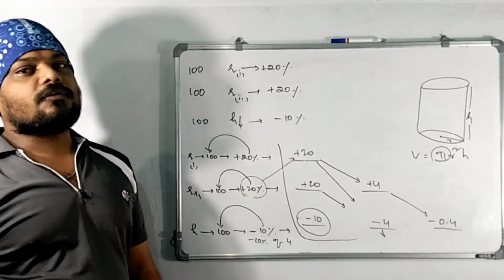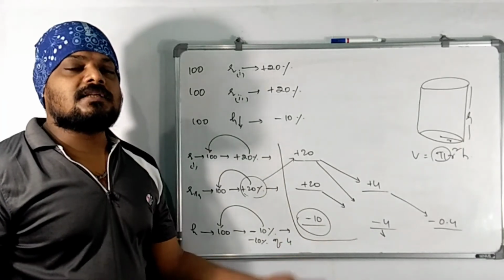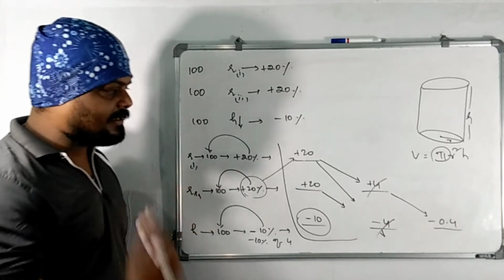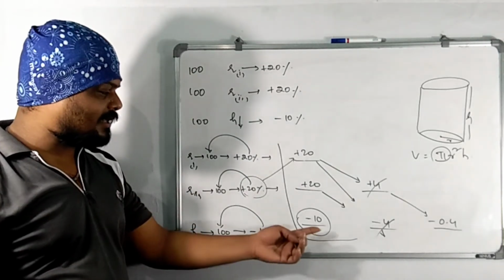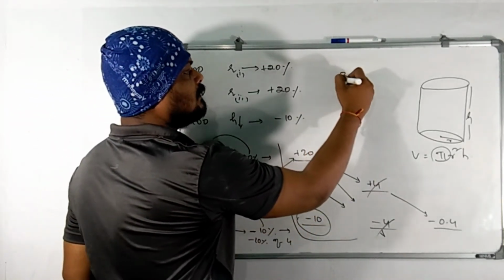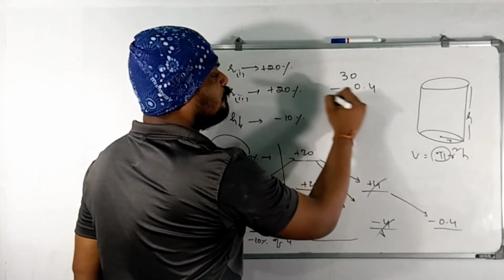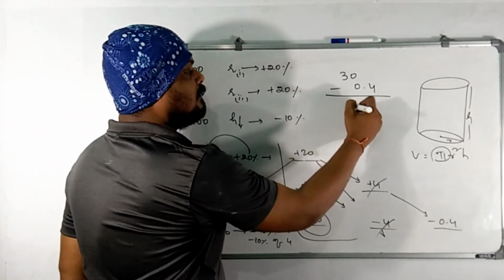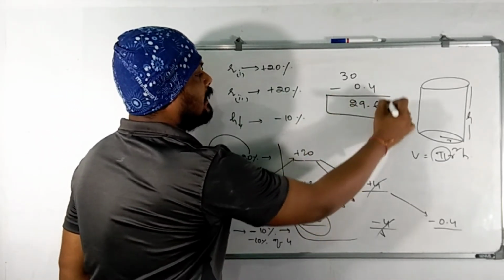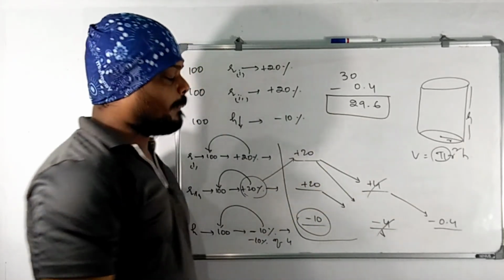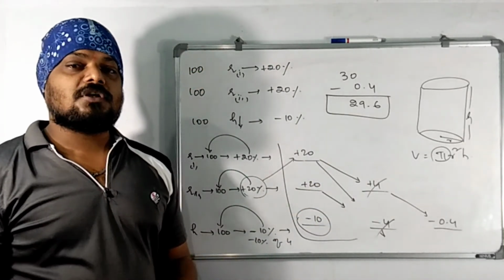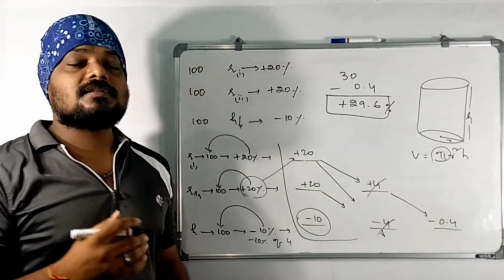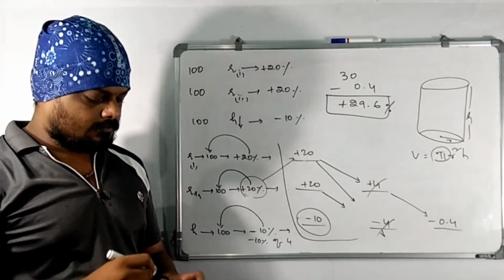So here 20 plus 20 is 40, 40 minus 10 is 30, and minus 4 plus 4 gets cancelled. 30 minus 0.4 is 29.6, the exact answer. So what is the change in percentage in value? Plus 29.6 percent is increased overall.